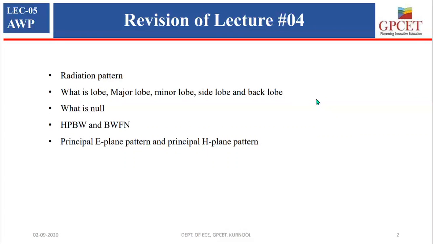The lobe which is in the opposite direction to the main lobe is called the back lobe. So these are the various parts of the radiation pattern, and we call each part by these names.